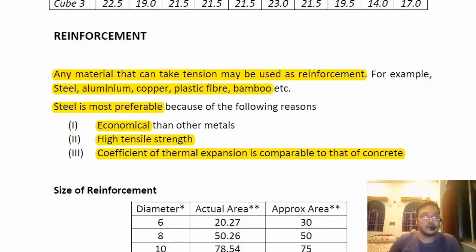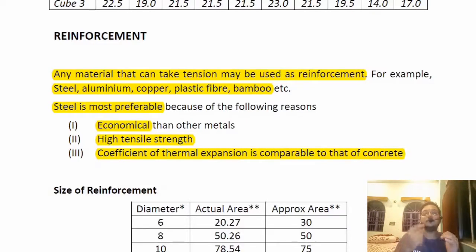Even if we have discovered some metal that is very much economical compared to steel, or even provides high tensile strength, if it is not able to provide a coefficient of thermal expansion equal to that of concrete, then what will happen on heat?